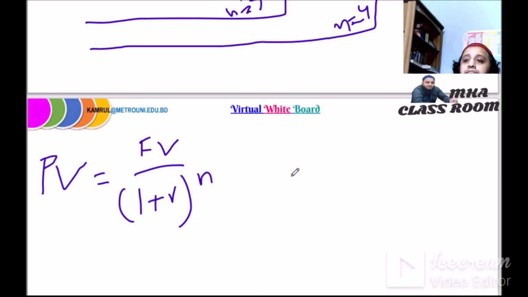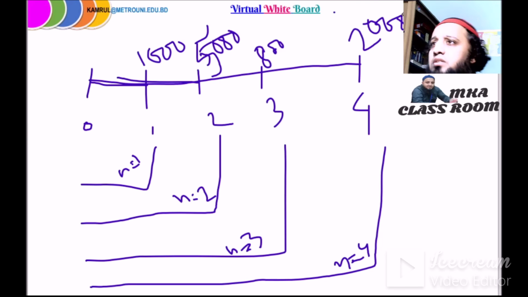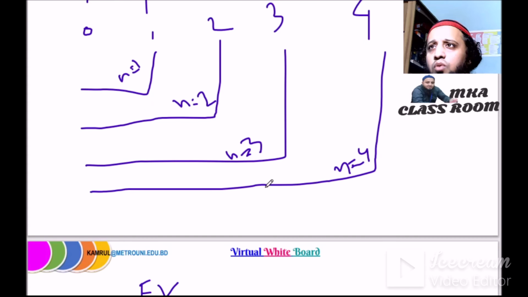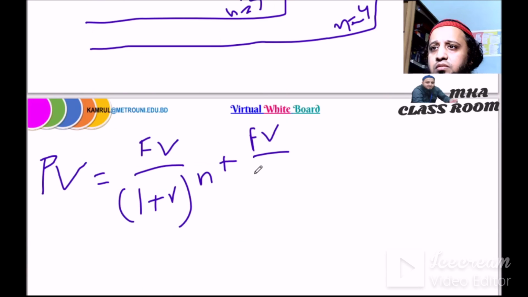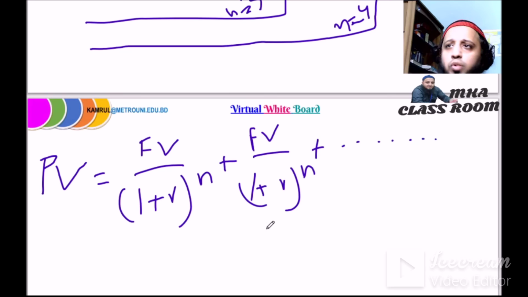So, here are several single amounts: 1000, 5000, 800 and 2000. If we apply our problem one after another, then we will get our solutions. FV divided by 1 plus r power n. In this way it shall continue as long as we need.